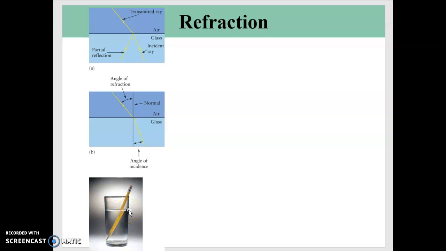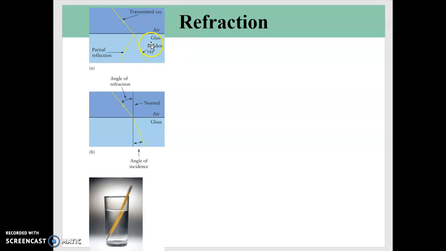What's happening is that as the light meets the boundary between the medium that it's propagating in originally and the medium that it gets refracted into, the path of the light changes. And that's why you see the pencil seem to get cut in half.